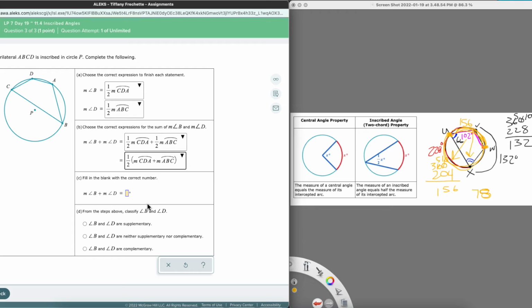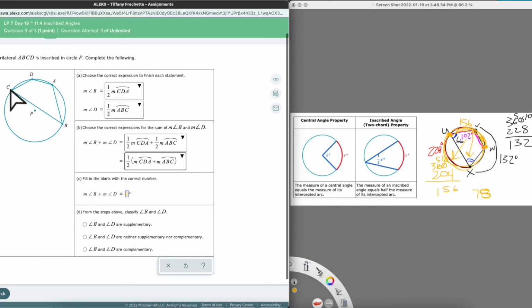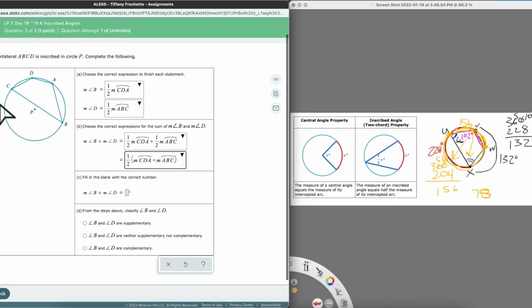All right, so fill in the blank with the correct number. So angle B and angle D equal, and they actually want a degree measure here. So if I have B, and that's this angle, and then I have D, which was the rest of the circle, the whole circle all the way around is going to be 360 degrees, right?